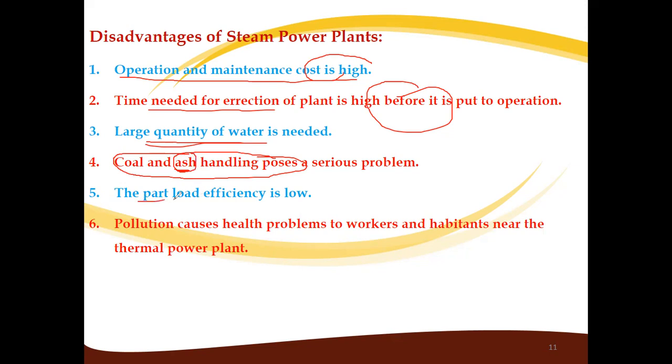Again, the part load efficiency is low. Then there is pollution because of this thermal power plant. We use flue gases, and we can reuse them, but some pollution will be there, and that pollution causes health problems to the workers or inhabitants near these power plants.